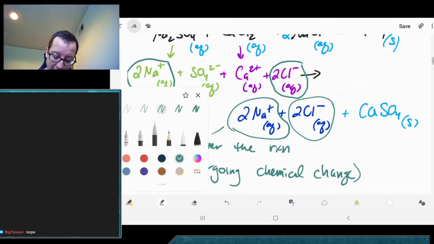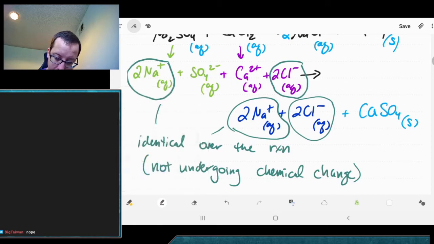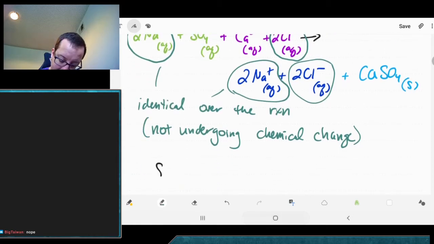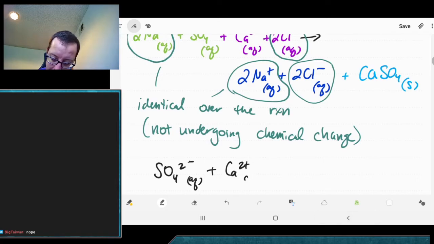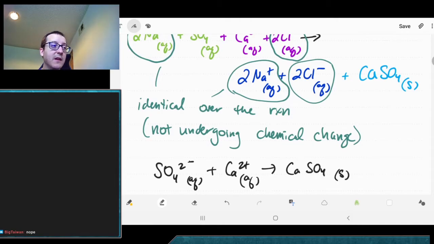However, we do see that what's left over in the reaction, everything that's not duplicated on the other side, is participating in the reaction.